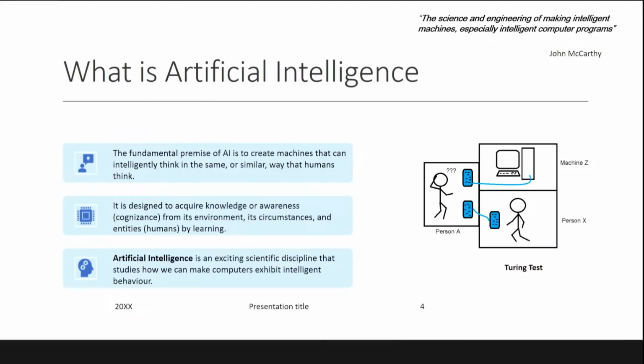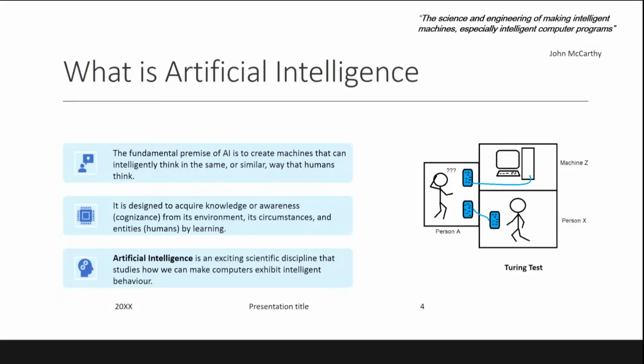The fundamental premise of AI is to create machines that can think intelligently in the same or a similar way as humans think. If a machine can mimic that behavior, we say that the machine is an intelligent machine. Artificial intelligence is all about making a machine which can mimic human behavior.